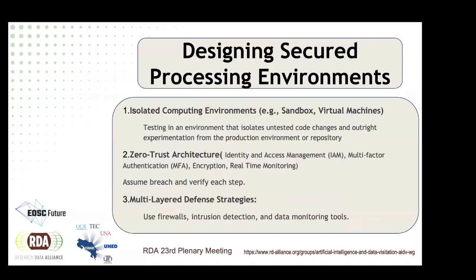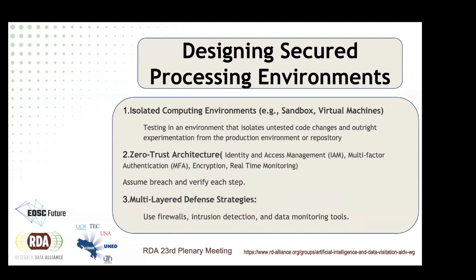Okay. So having looked at some of these things we have mentioned, looking at the key components of a secure processing environment, we also are looking at proposing some of these techniques and how we can really get this done. First of all, we looked at isolated computing environments.